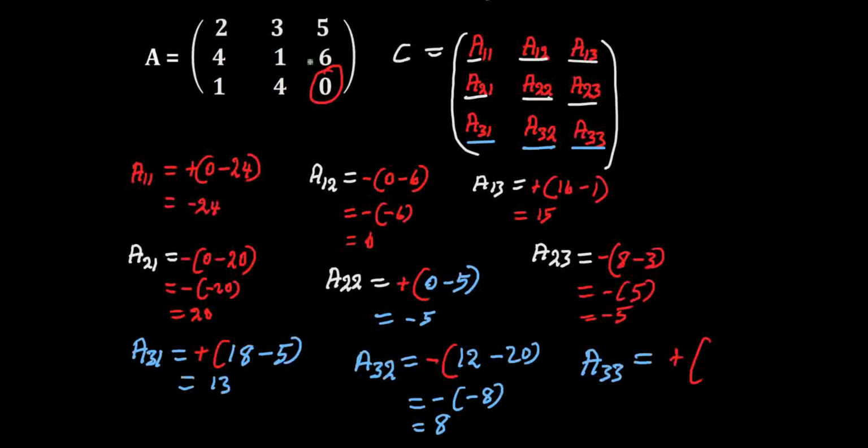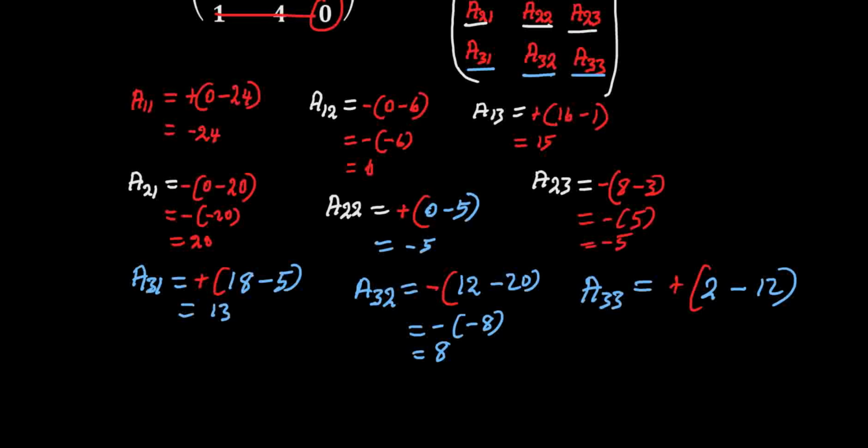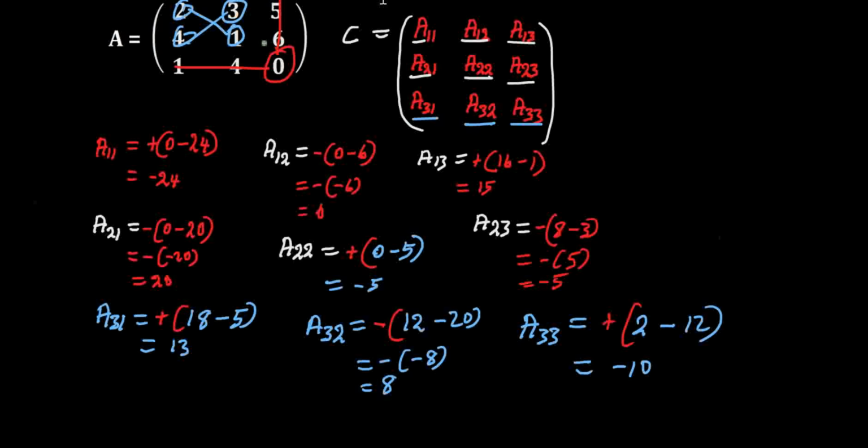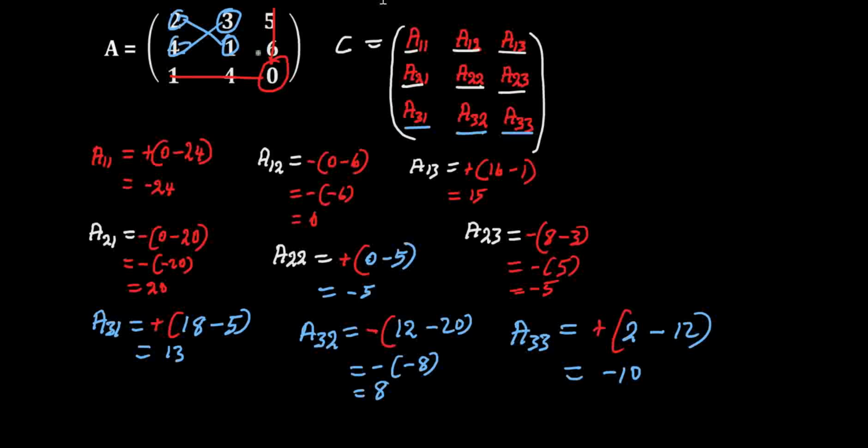So now put this on hold, and 2 times 1 is 2, minus 3 times 4 is 12. So this would give us 2 minus 12 is negative 10. Good.